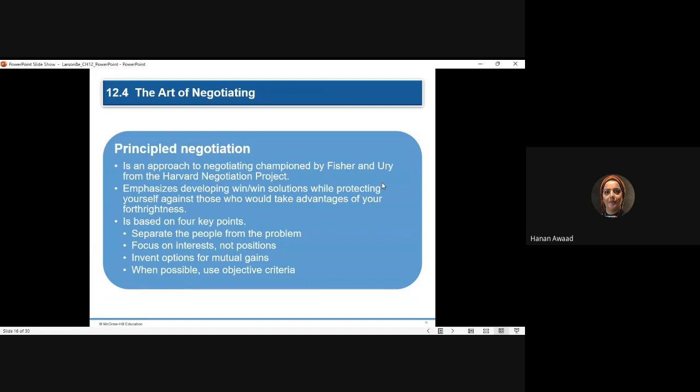Also, focus on the interests, not the positions. Positions here don't mean job titles. They mean if you have a certain idea that you want to impose, focus on the interests of the business.